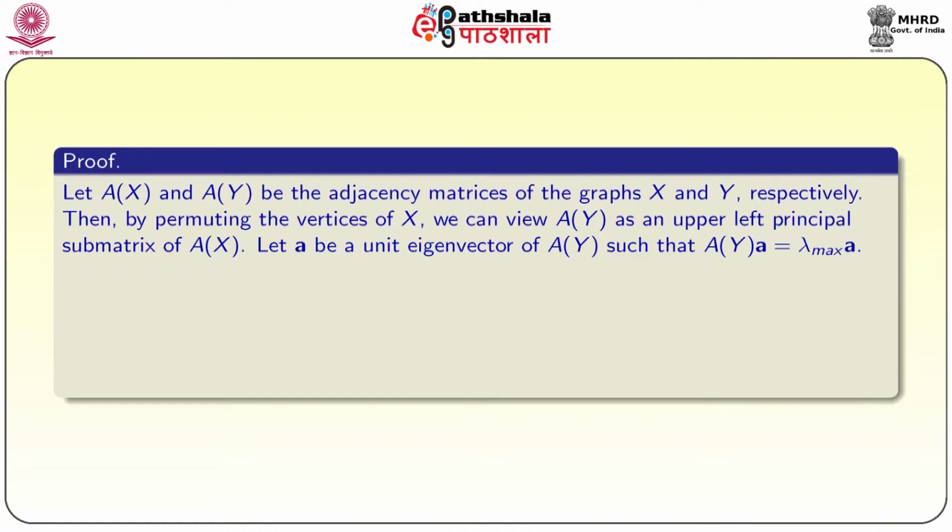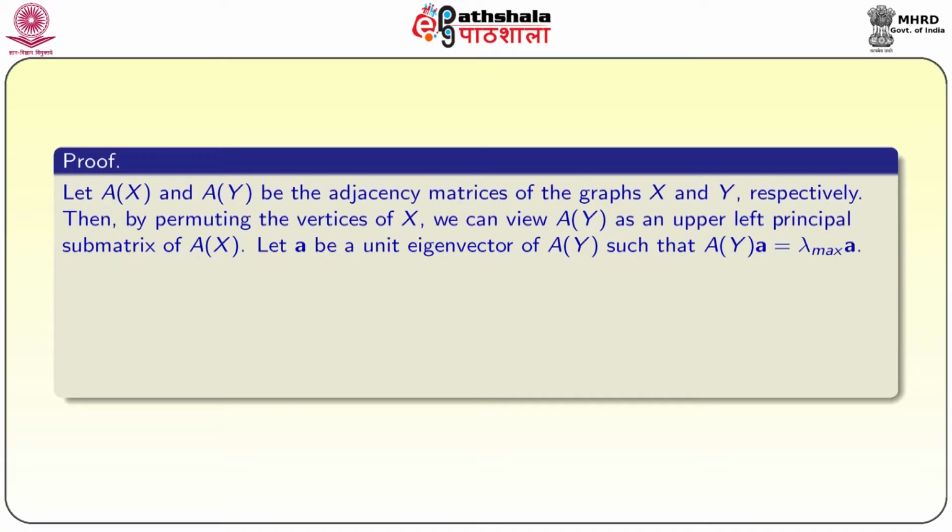Let A of X and A of Y be the adjacency matrices of the graphs X and Y respectively. Then by permuting the vertices of X, we can write A of Y as the upper left principal submatrix of A of X. Since Y is an induced subgraph of X, it is possible to write the adjacency matrix of X containing the upper left principal submatrix as the adjacency matrix of Y, and the rest is the remaining part.